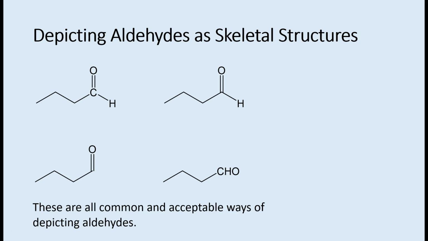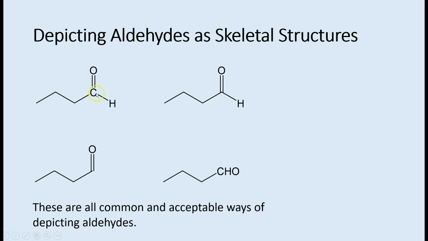We can depict aldehydes in various ways, and at various times your textbook will depict them various ways. This all has to do with depicting them as skeletal structures. So I've actually got 4 different ways here of drawing what's known as butanal, or commonly known as butyraldehyde.